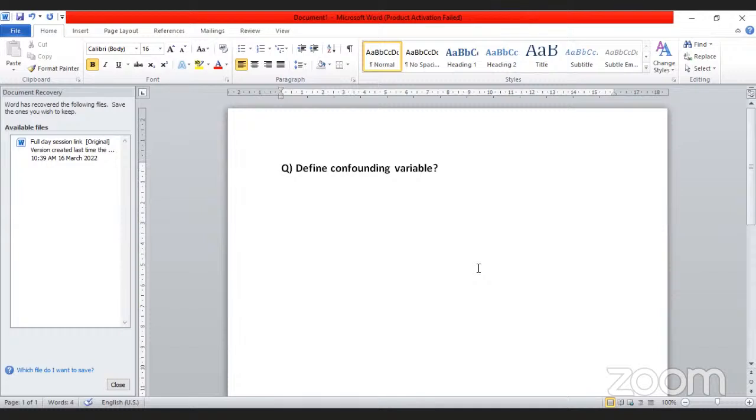Did you understand what the confounding variable is, and why it causes changes? If you have any issue, let me know in the chat window, I will explain it again.